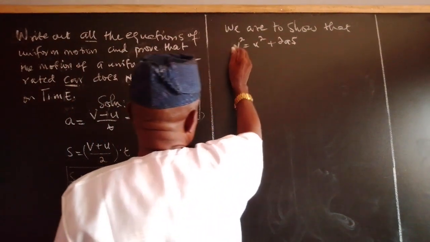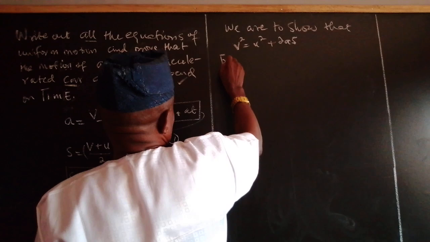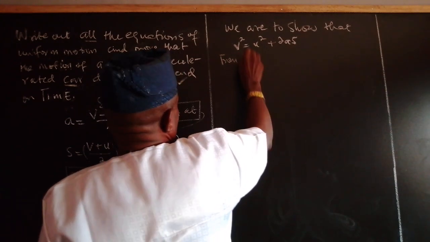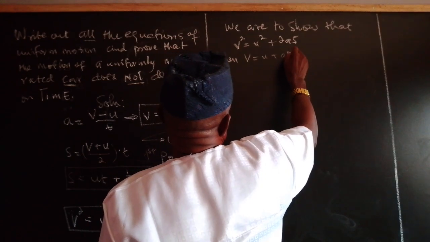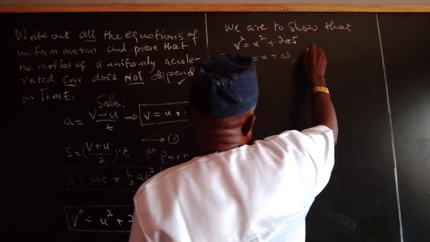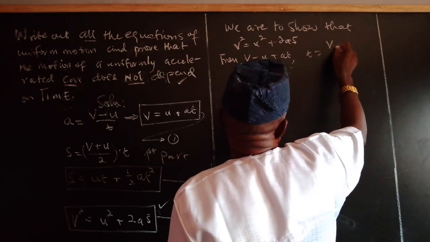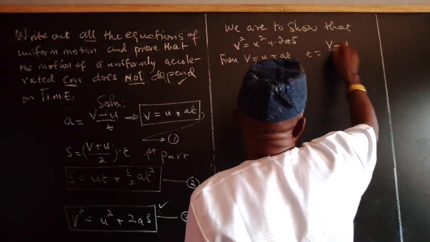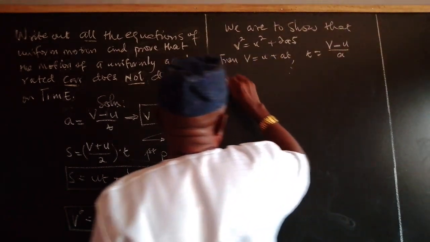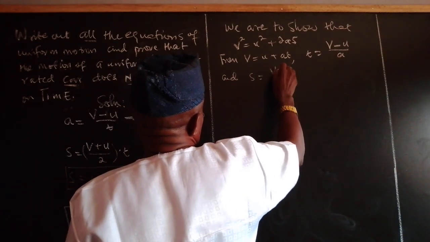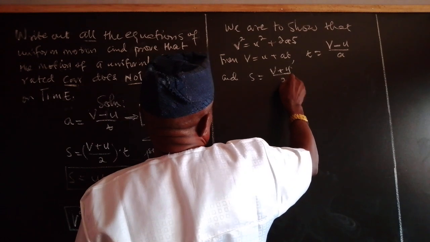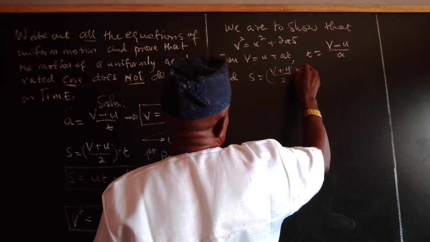So there are two things we use, okay? From v equals u plus at, make t the subject, you're going to have t is equal to v minus u divided by a. All right? And displacement is equal to average velocity over 2, everything multiplied by time.